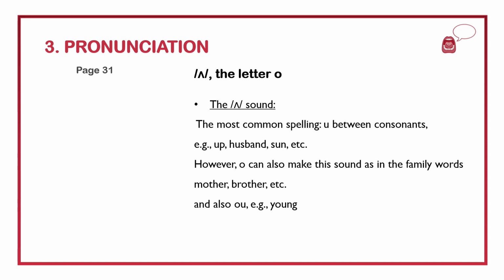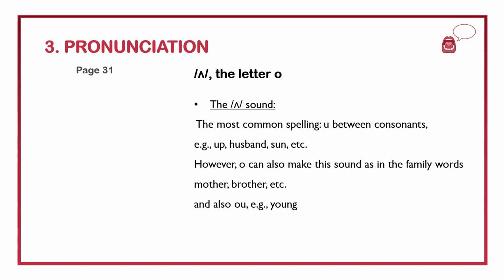The most common spelling for the sound is when we have a U between consonants. For example, up, husband, son, etc. So like the word husband, we have the h sound, which is a consonant, and we have the z sound, which is another consonant, and between them we have the sound, husband.